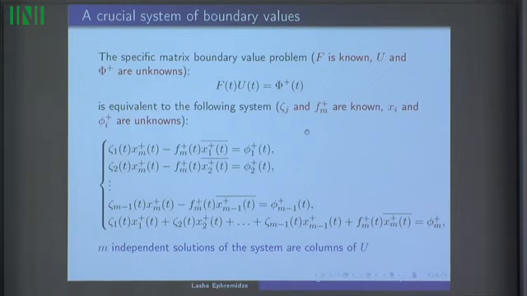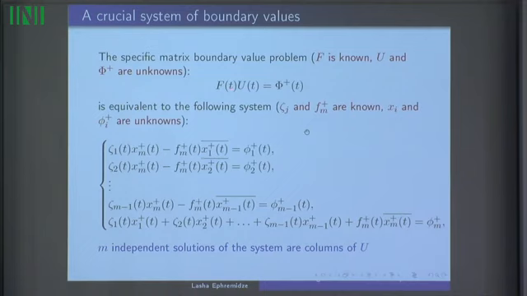Now it can be shown that this condition is equivalent to this system, and it is done in some papers. What is important now is that we will start from this system of boundary value problems, construct an explicit solution of this system, and show that the solution will be unitary.